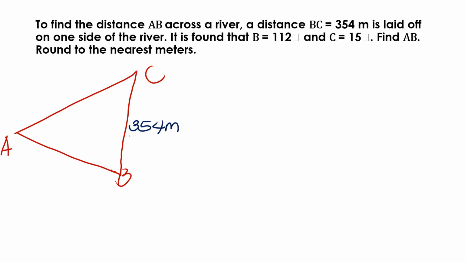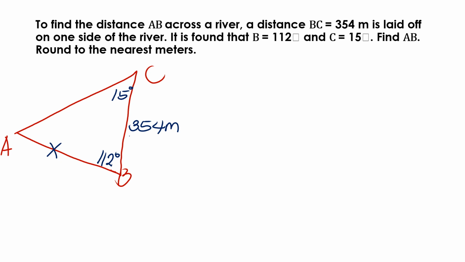It's laid off on one side of the river. It is found that angle B is 112 degrees and your C is 15 degrees. Okay, find AB. So we need to find this side. We need to find AB round to the nearest meters.